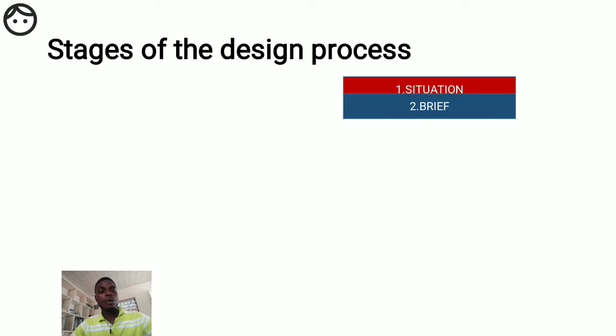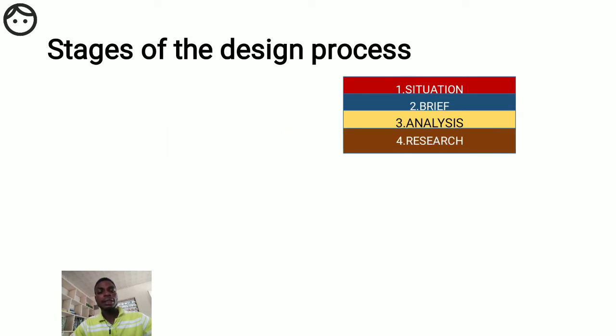The problem can be identified from what we call the situation. So simply, the situation leads to the problem. Then the individual has to do what we call a brief statement. After the brief statement, the designer has to do an analysis. Then he has to investigate the problem or do research.